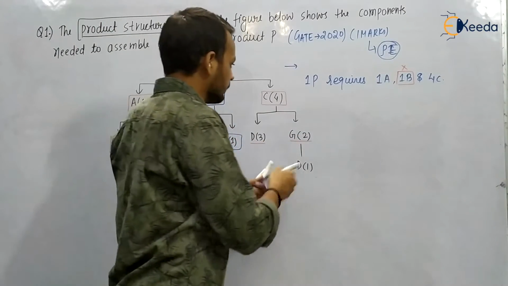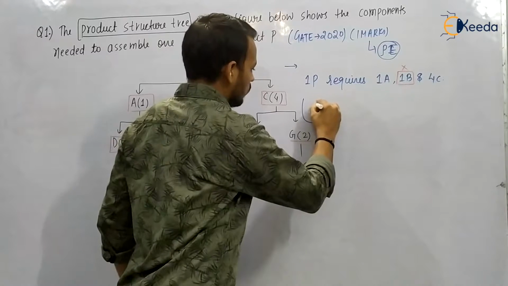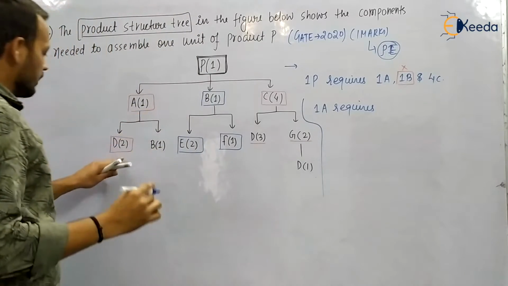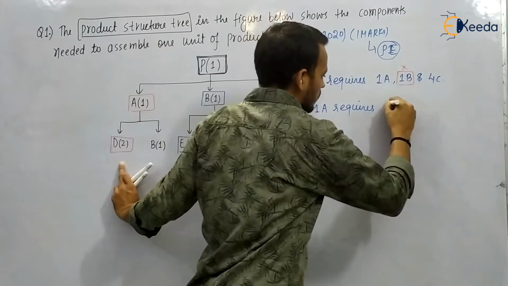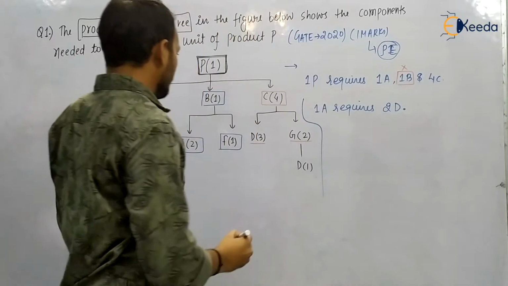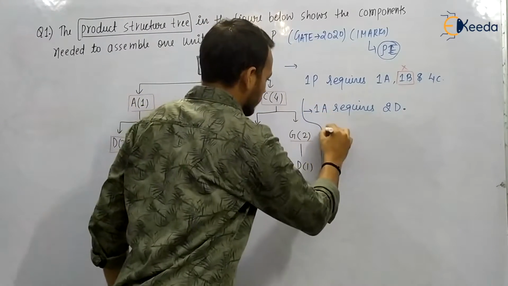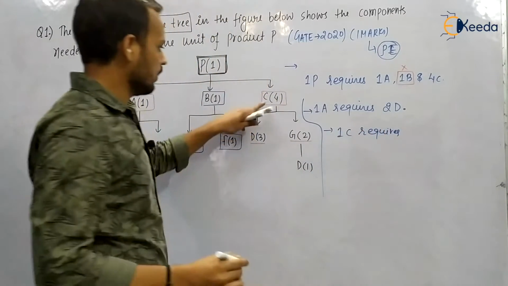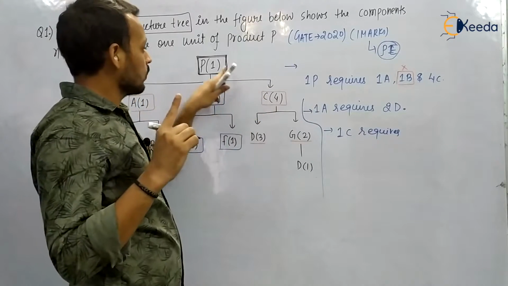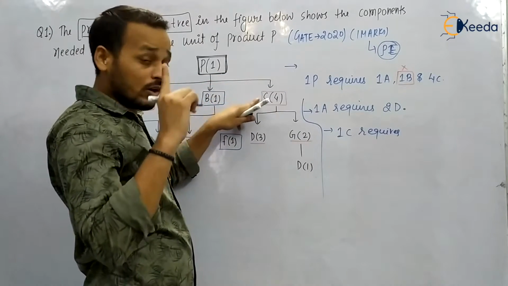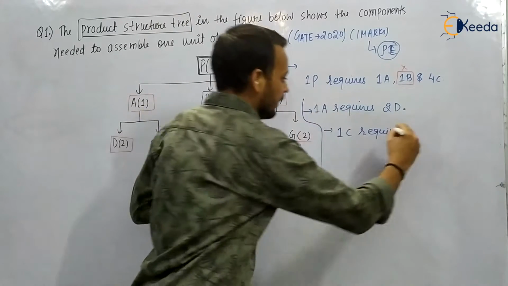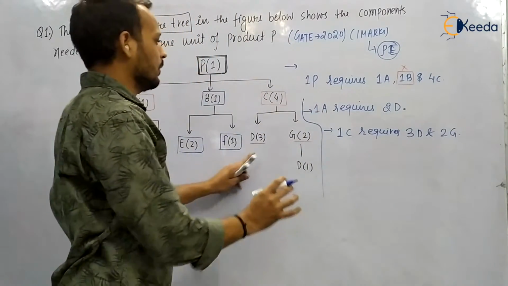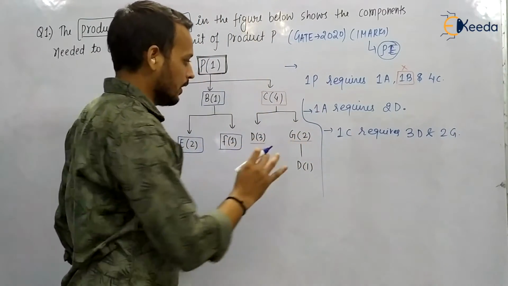So here we can write that 1A requires 2D. Very simple. And 1C requires 3D and 2G, and 1P requires 4C.